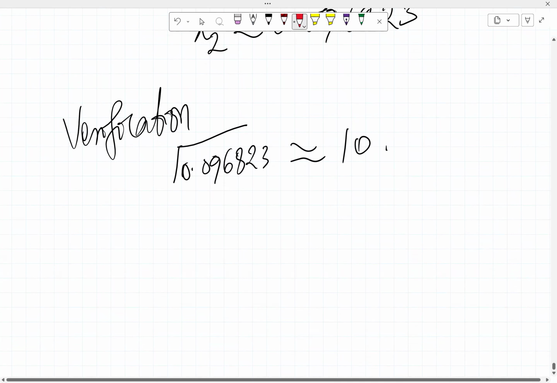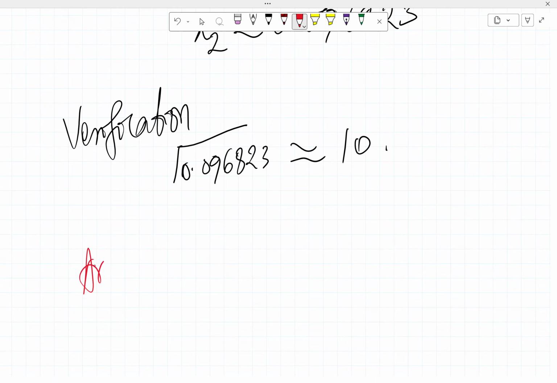Now, another question we want to ask is, are there any negative solutions? We've got two solutions so far. Are there negative solutions?